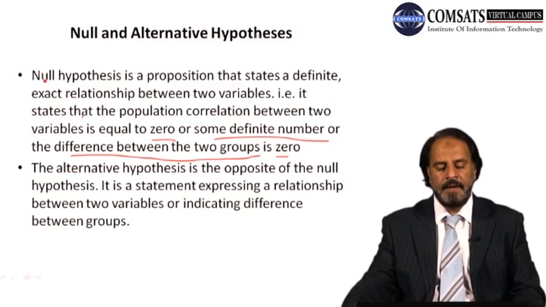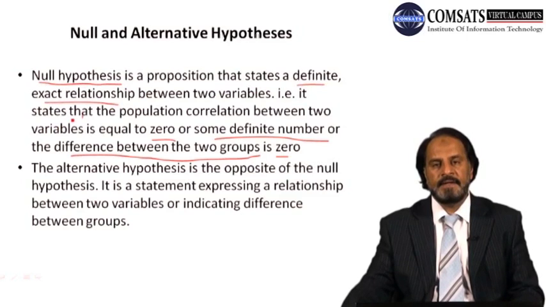So the null hypothesis is a proposition which states a definite, exact relationship. When we say there is no relationship between two variables, what we mean is the relationship strength is equal to 0.